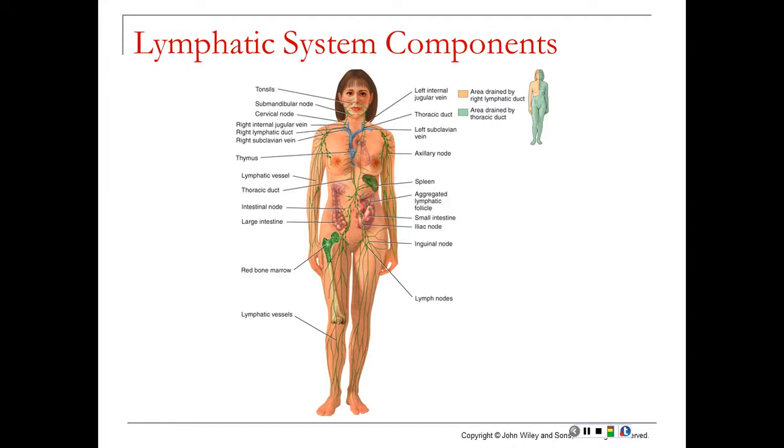So here you can see the flow of lymph through the body. Again, it is a very similar setup to our circulatory system. You have a map of vessels leading throughout the body. Of course, the red bone marrow, where all of our red blood cells and white blood cells are made. They're made and distributed through the circulatory system.